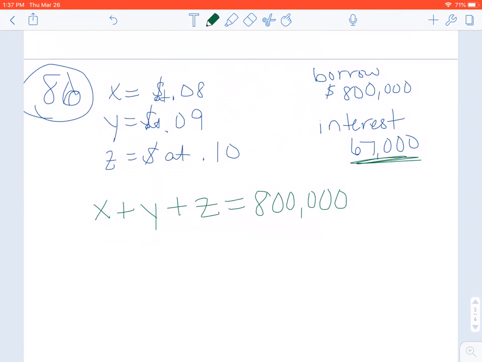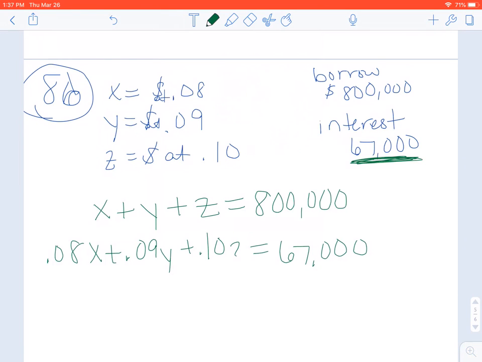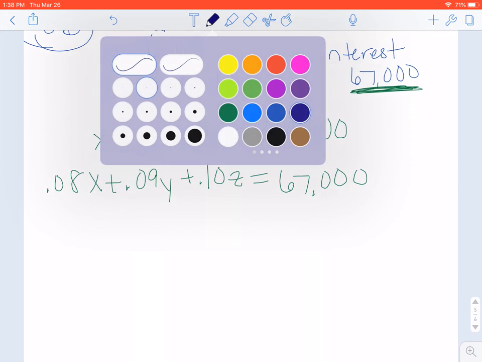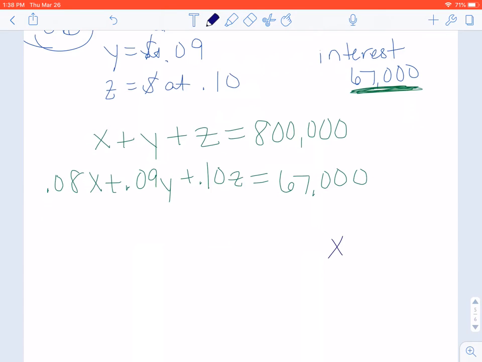We know that we have to pay interest, and the reason we pay interest is because we have these rates. Those rates are 8%, 9%, and 10%. Well, that has to be equal to the interest that we have to pay. The last piece of information says the amount borrowed at 8%, which is x, equals 5 times the amount borrowed at 10%.